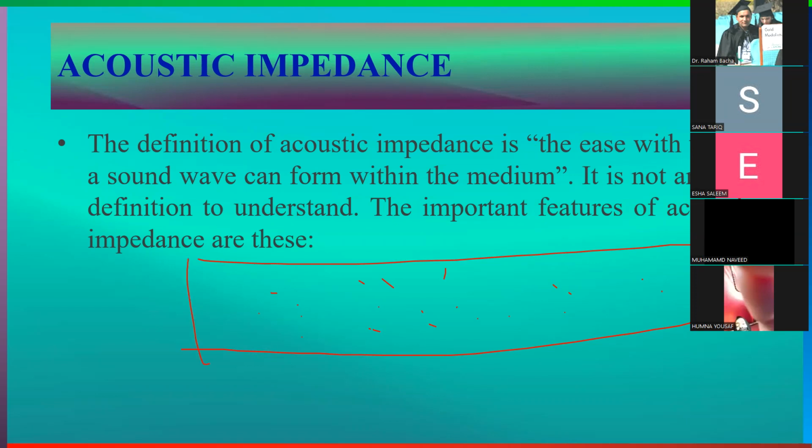So this is a medium containing a number of molecules, and you couple a vibrating source with it. With the vibration, the source will move to and fro, and the molecules of the medium come into the vicinity of the vibrating structure, and they will be heated by the vibrating structure.